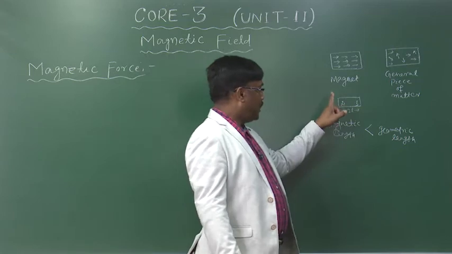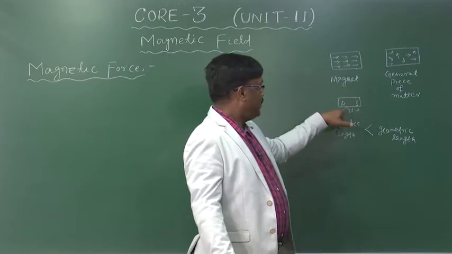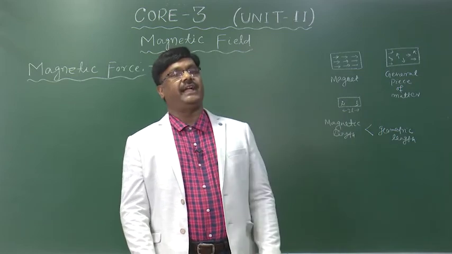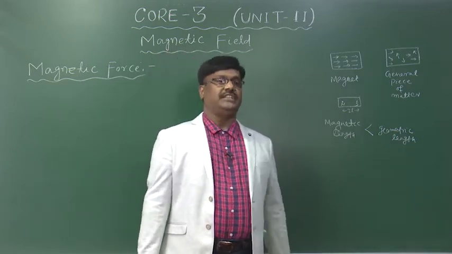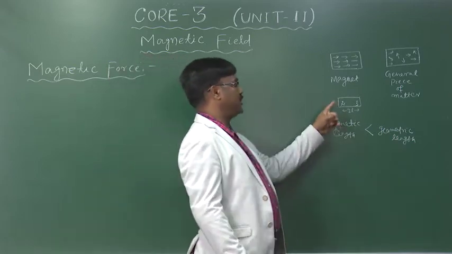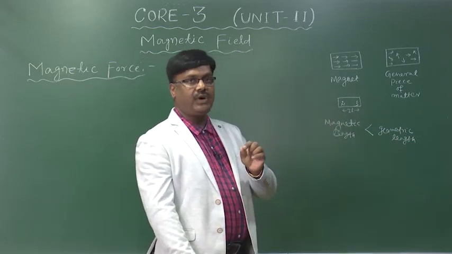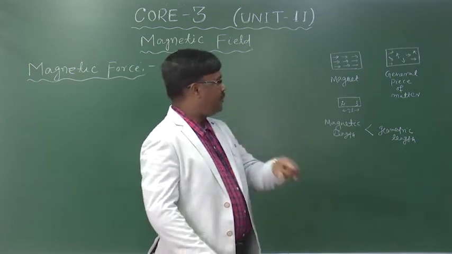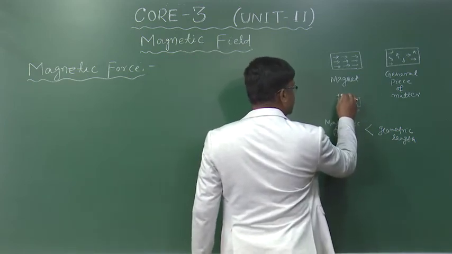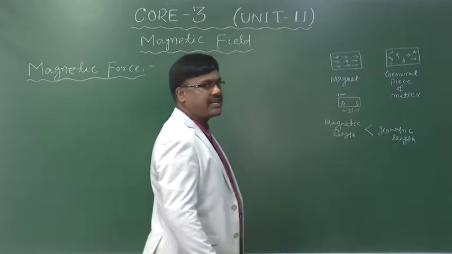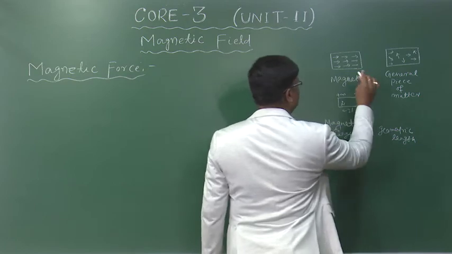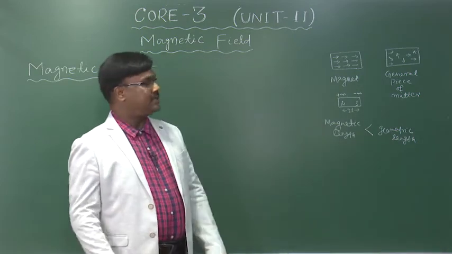The pole strengths of the two poles of a magnet are equal in magnitude and opposite in nature. If we take plus small m as the pole strength of the north pole, then we can write the pole strength of the south pole as minus small m.